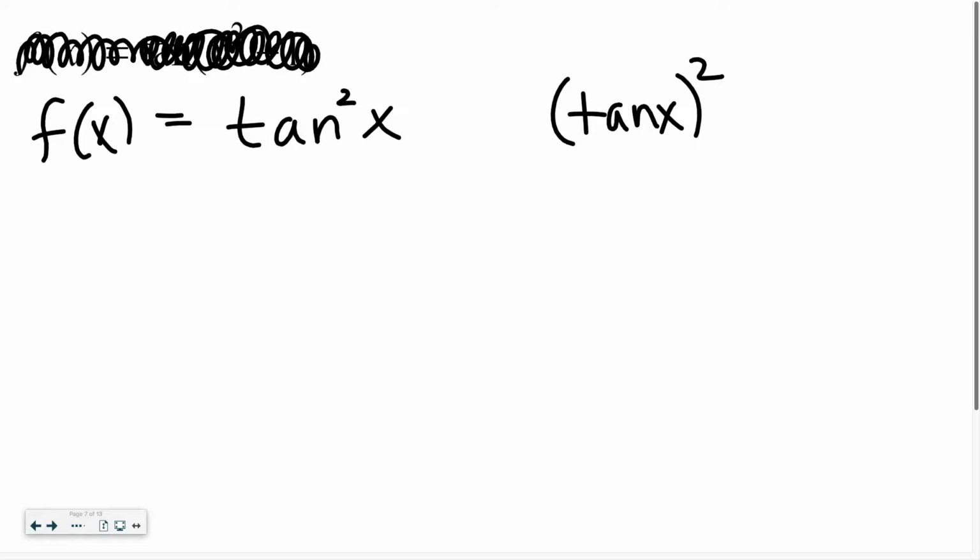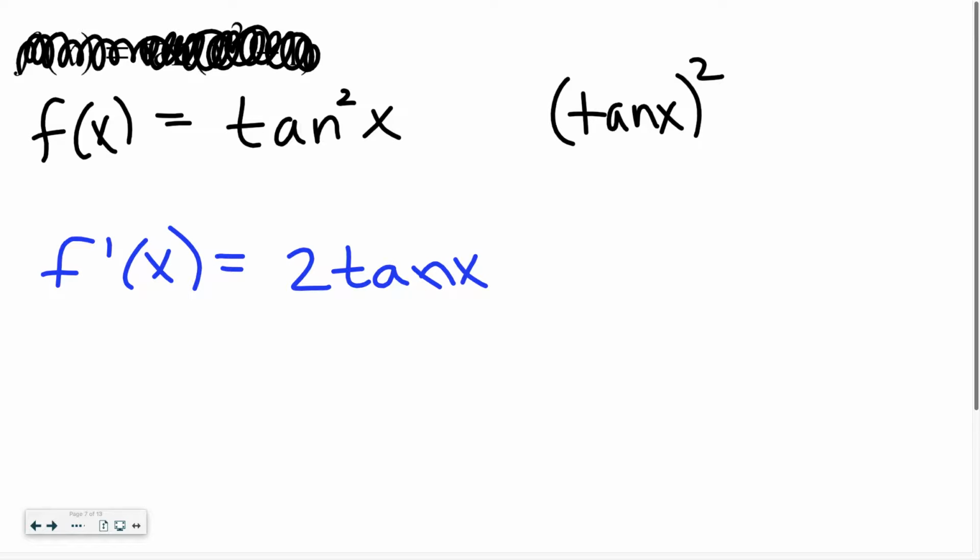So when we take the derivative, our first job is going to be the power rule. Keep the inside the same, times the derivative of tangent, which is secant squared.